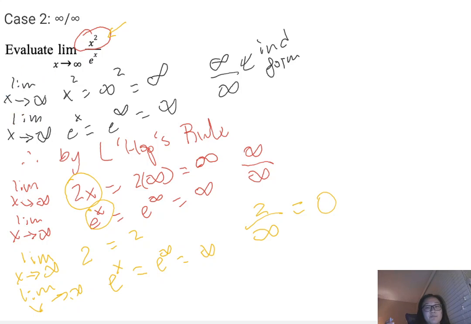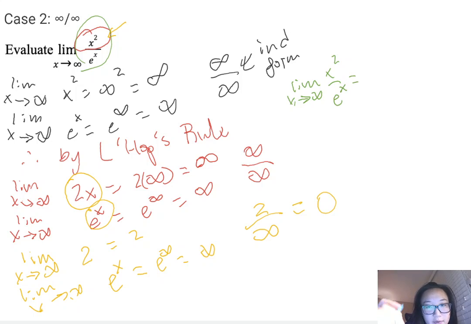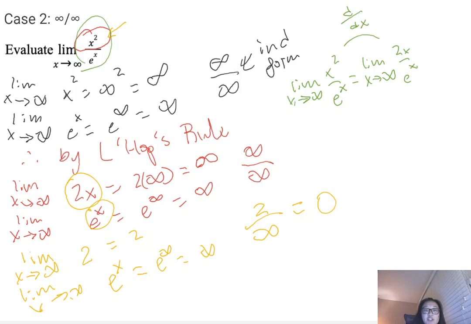So now, to summarize what we did in this problem, we'll look at the fact that the limit as x approaches infinity of the original problem, so x squared over e to the x, we took the derivative of that, which is limit as x approaches infinity of 2x over e to the x, so again, d over dx, and we saw that it gave us an indeterminate form.